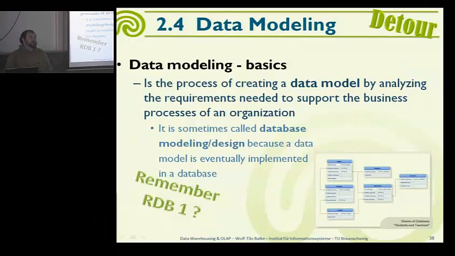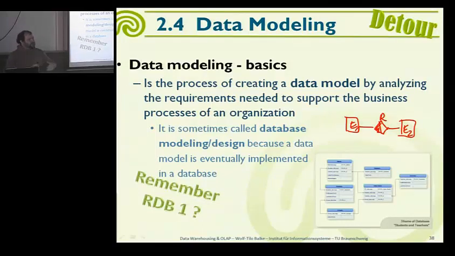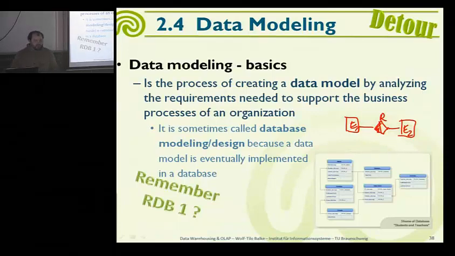If you remember the lecture on relational databases, we had this ER scheme modeling, where you have the entity E1, and then you have a relationship R to E2, and you model with that, and then you can directly build it into a table structure.